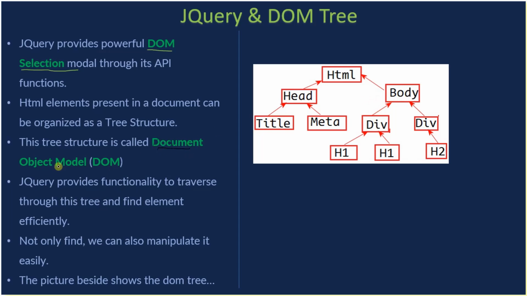So this is what is called DOM, representing the HTML document as a tree structure. So once the document is provided as a tree structure, it will be easy to traverse and pick the element. For example, if you want to pick a specific h1 element, you will be traveling on the right side and completely avoiding the head section, right? In the body, you will move and pick a specific element.